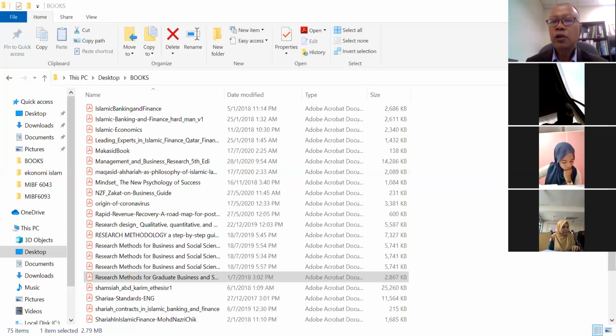And usually, pure research is quite expensive, and it's usually carried out by the government. Some pure research costs the government millions of ringgit, and these research projects are carried out by university lecturers.